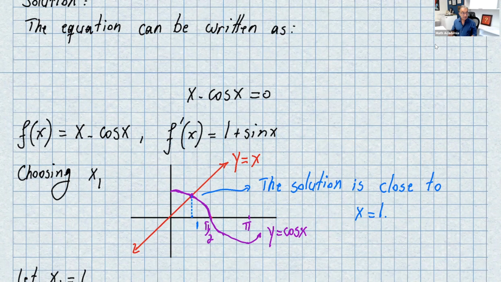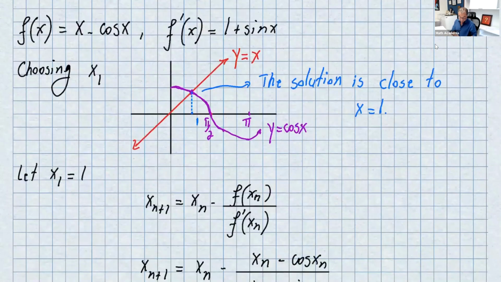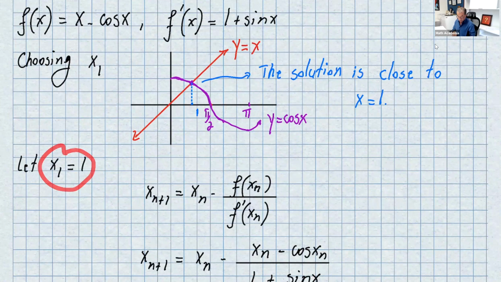Again, it's just to pick a point, and Newton's method is going to take care of the rest. The best point I could pick was x equals 1, because it's very close to where those two functions cross each other. So x1 equals 1.